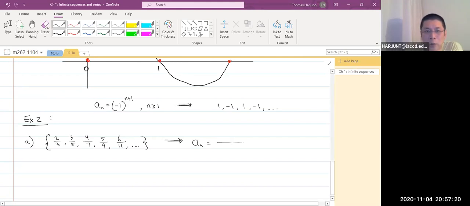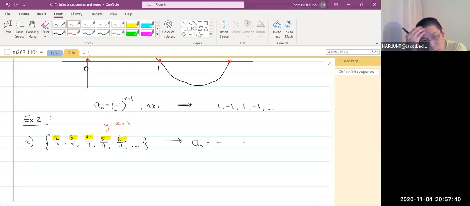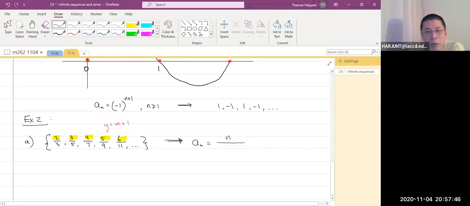You see the top one starts from 2, it increases linearly, right? You keep on adding 1, keep on adding 1, keep on adding 1, as if we are having y equals x plus 1. Is it right? When x equals 1, you start from 2, and the slope is 1, right? Okay. So when I put it here, it will be n plus 1 instead of using x.